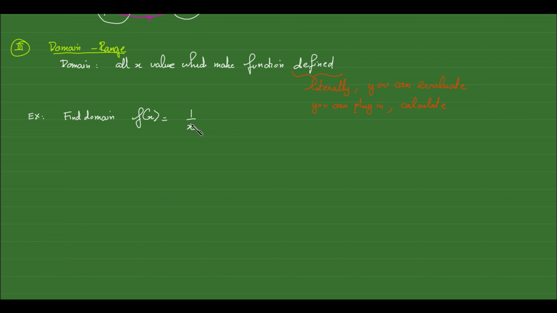So it means that the denominator cannot be 0. At the value 0, you cannot evaluate it. It means the other values you can.